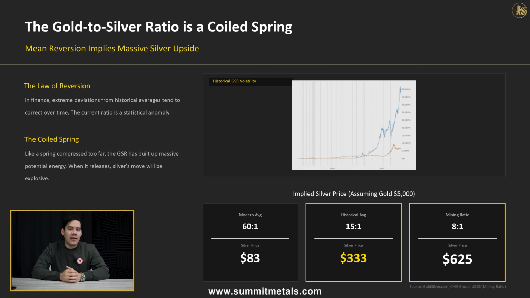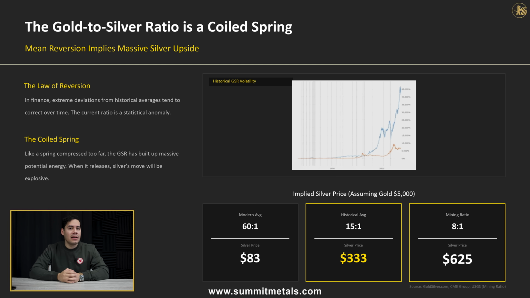If gold is at $5,000 an ounce, and the ratio simply reverts to a modern average of 60 to 1, silver would be $83. That's a great return. If it reverts to a historical average of 15 to 1, silver must reach $333 an ounce. That's a massive revaluation. And if it reverts to a natural mining ratio of 8 to 1, the implied price is $625.